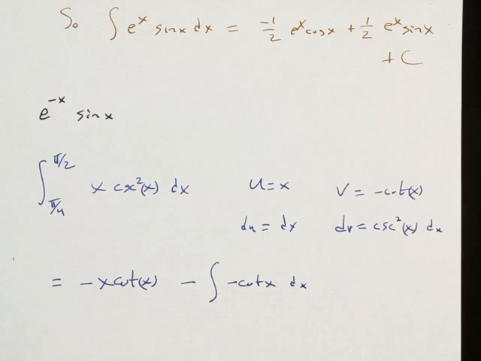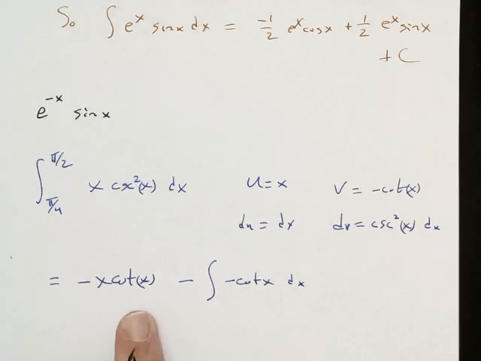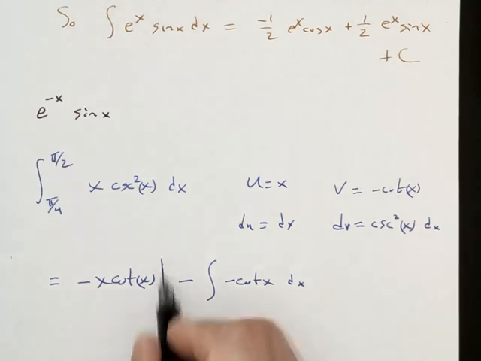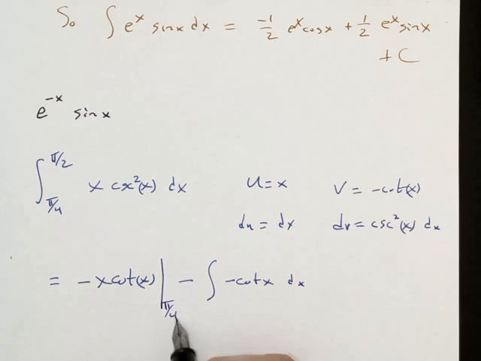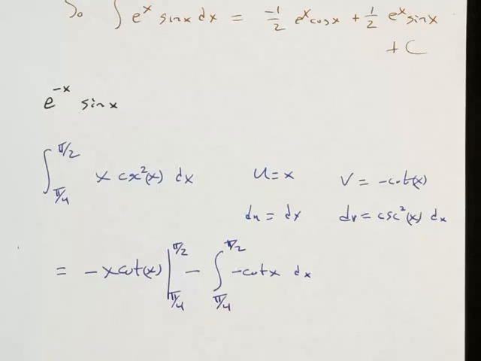But the left part of that is already antiderivatives, isn't it? This bit, I've already done the antiderivatives. So that is now evaluated. This is still an integral, which means it still has the same numbers at the bottom and the top.